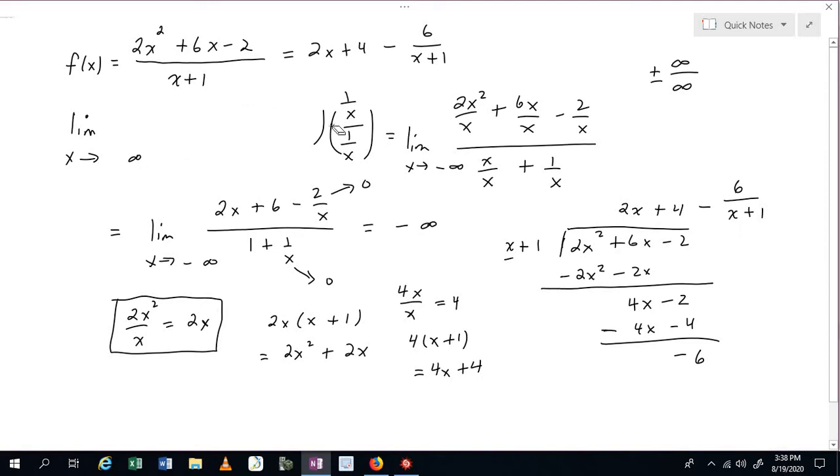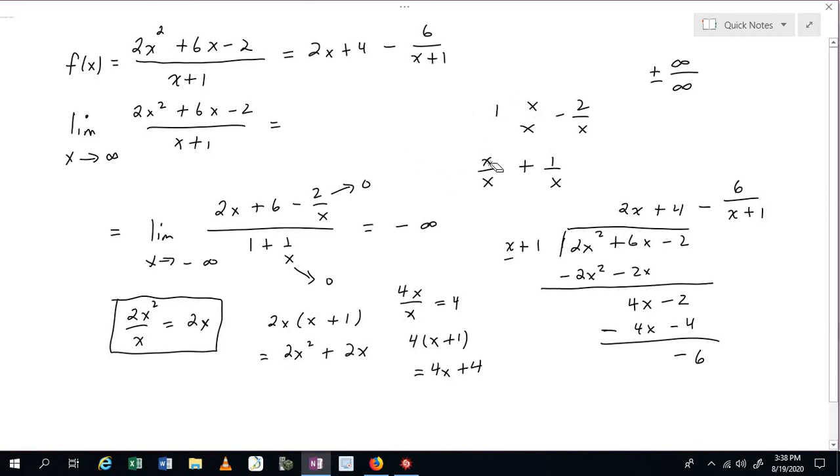If I had just done this first, the limit of this function as x heads towards infinity is the same as the limit of this function as x heads towards infinity, since those two functions are equal. Okay, so I'm just going to figure out the limit of the function on the right-hand side.